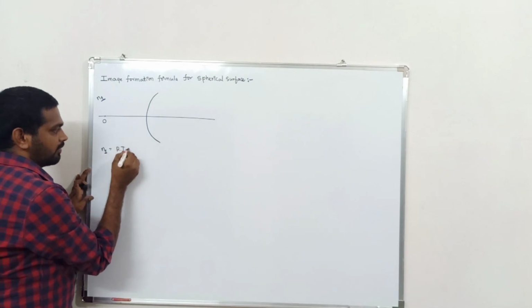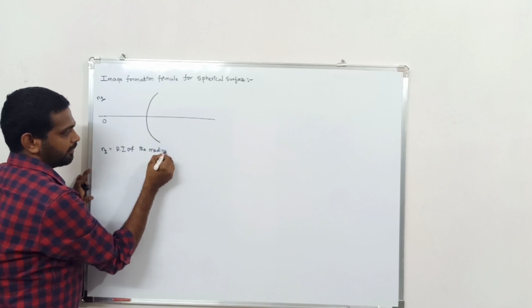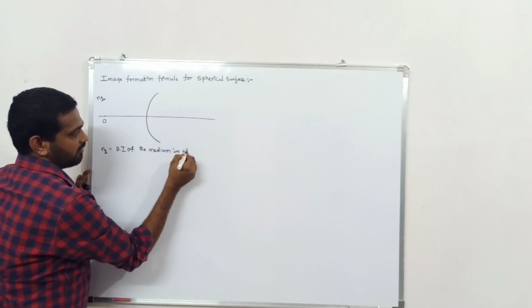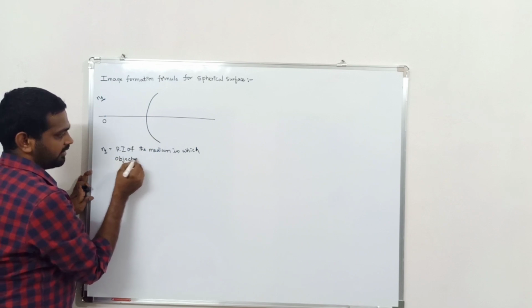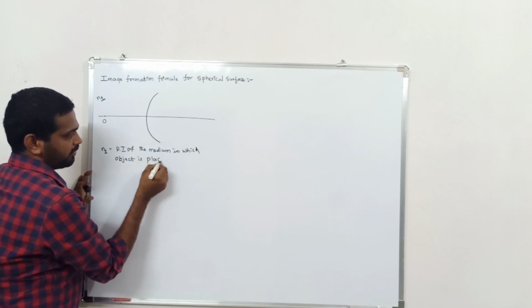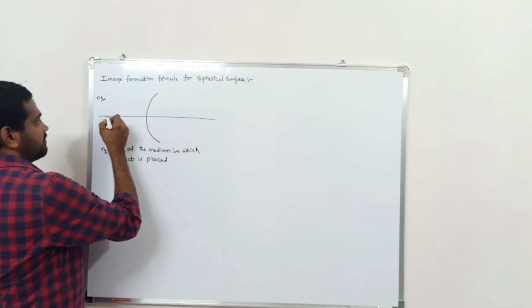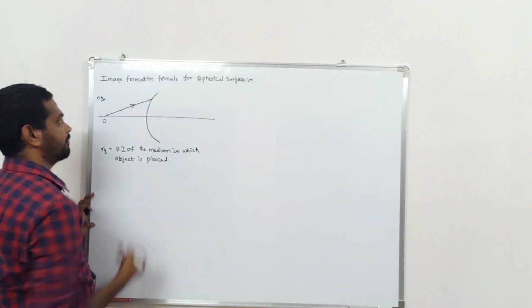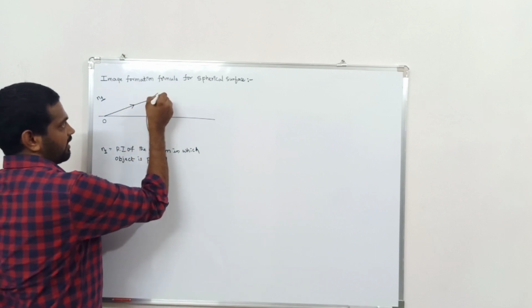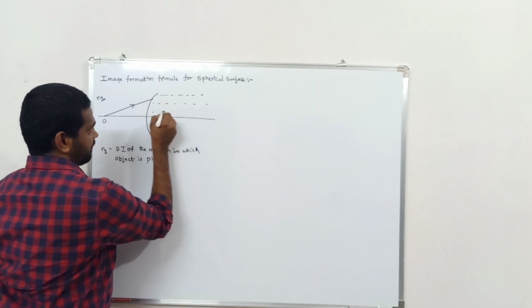Refractive index of the medium in which the object is placed. Clear? Now I am going to draw the expected ray diagram, and here I will consider it as the denser medium.